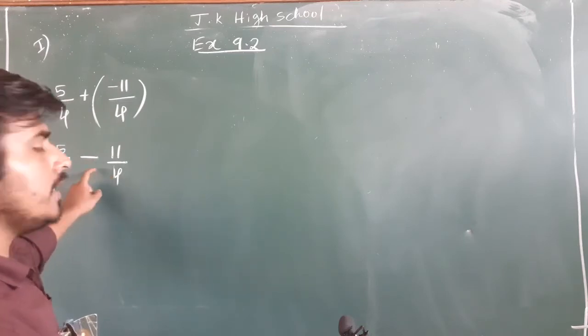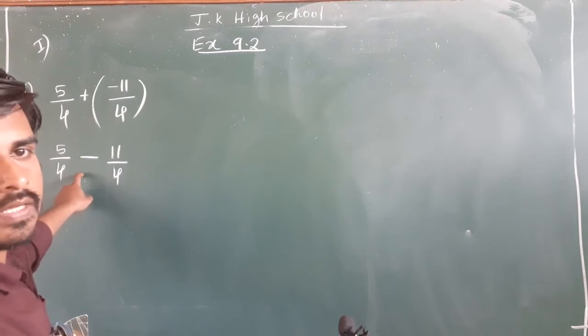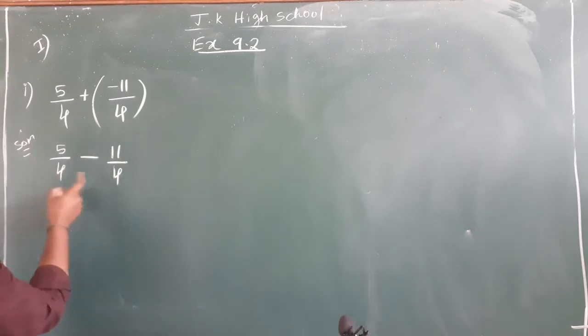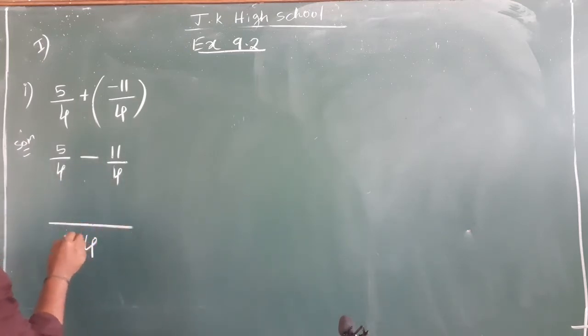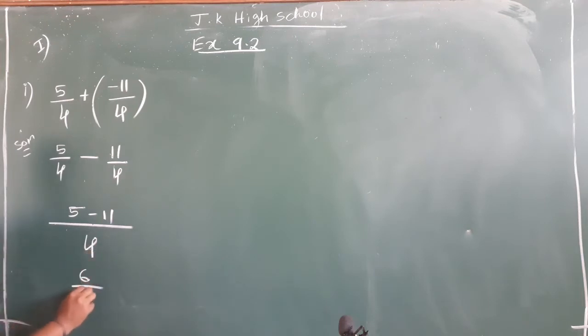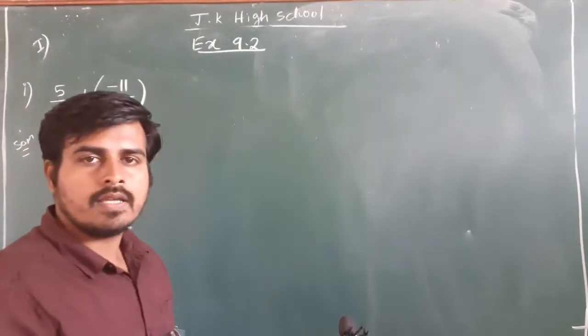The denominators are already equal, so no need for any steps to equate the denominator. 4 common, 5 minus 11. You learned in integers, subtraction will take place. In 11, if 5 is removed, 6 remains, and denominator 4. The greater number 11 has sign minus, so minus 6 by 4 is our answer.